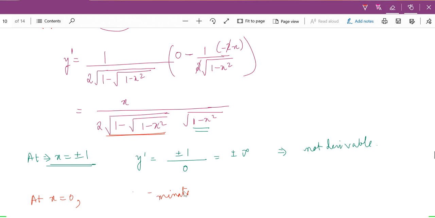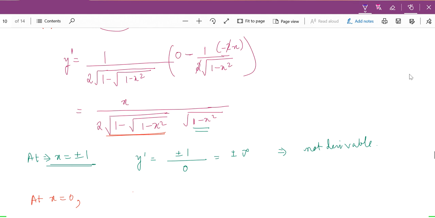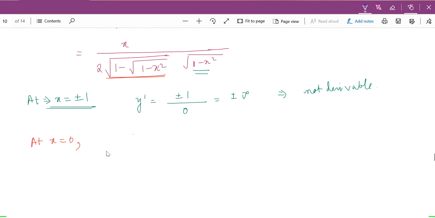Now I know what my point of contention is. I will check separately at x is equal to 0, using the first principle. What does the first principle say? That f prime at 0, if at all it exists, this limit should exist: limit h goes to 0, f of 0 plus h minus f of 0 over h.